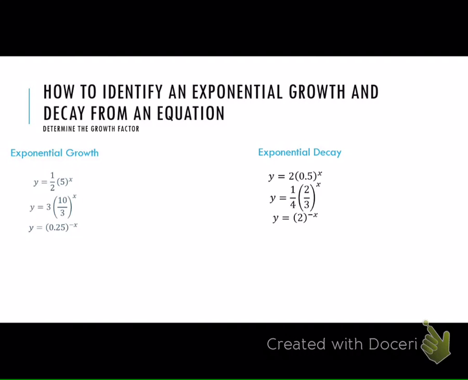So how to identify exponential growth and decay from an equation? Remember, it's y equals ab to the x. We just said this. In exponential growth, b needs to be greater than 1. And in exponential decay, b needs to be between 0 and 1.